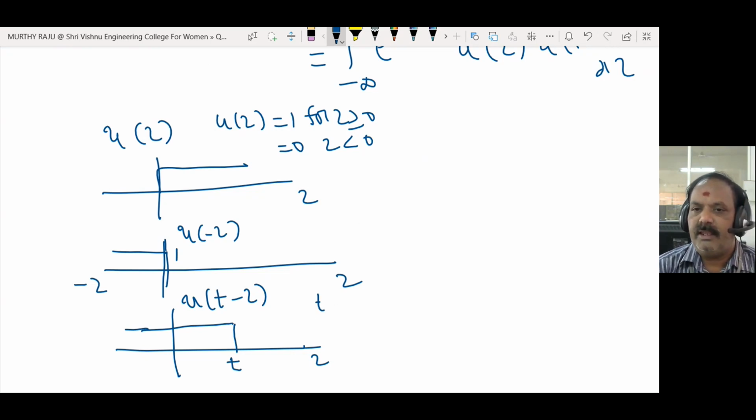Here, t minus tau is greater than or equal to 0, so u of t minus tau is equal to 1.